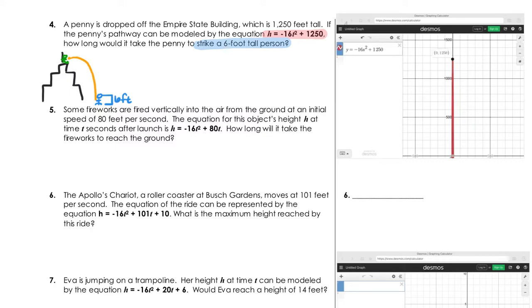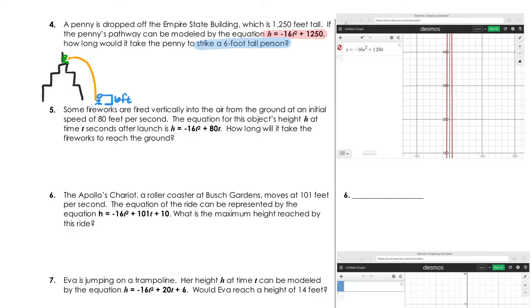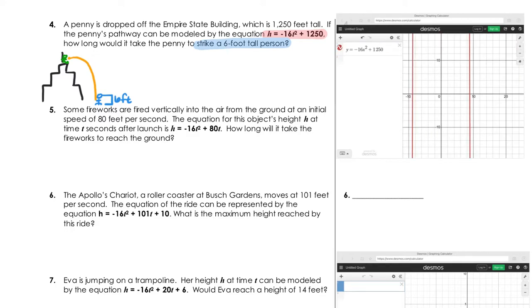So way up here is the top of the Empire State Building. And we toss that penny off the Empire State Building, and it's coming all the way back down to the ground. The problem is I don't want it to hit the ground because the ground is right here at 0.